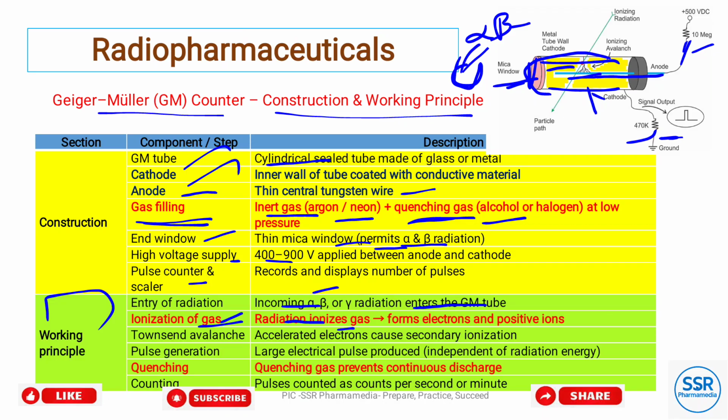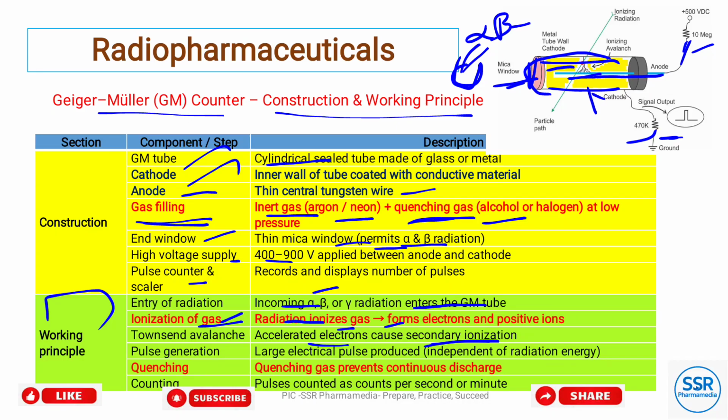Whatever radiation, alpha or beta, enters ionizes the gas and forms electrons and positive ions. These electrons are accelerated and cause secondary emission of electrons, so the electrons are converted into secondary ionization.